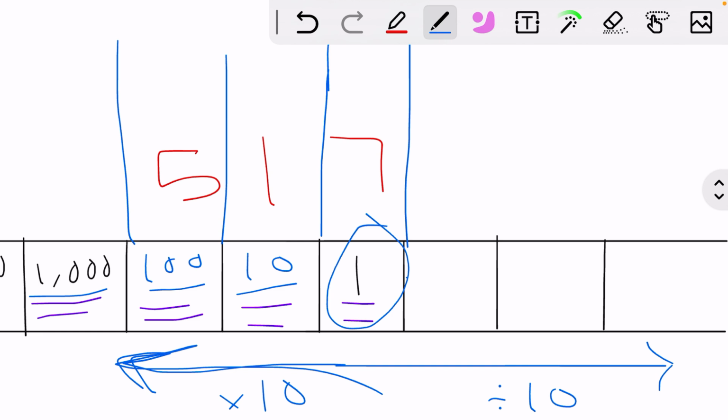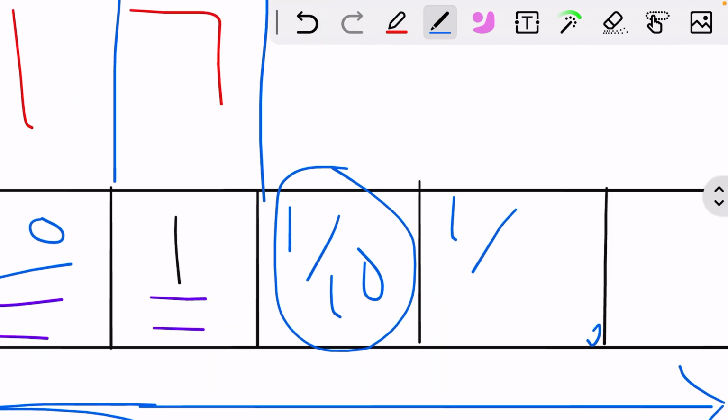Now, as we go in this direction, we're just going to divide everything by 10. So what does that look like? Let's just get those numbers in there. So we got 1 divided by 10. That's this first place. And then if we divide this by 10, that's going to be 1 over 100.